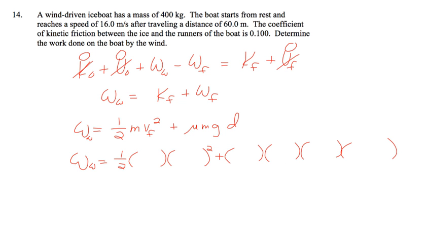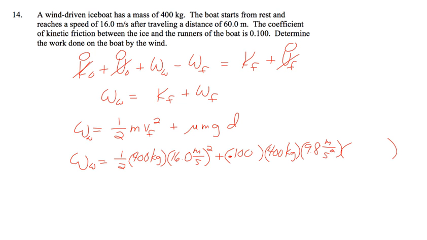So the ice boat is 400 kilograms, so that's going to go there, and that's going to go in this one. The coefficient of friction is 0.100. The final velocity is 16 meters per second. Gravity is 9.8 meters per second squared.